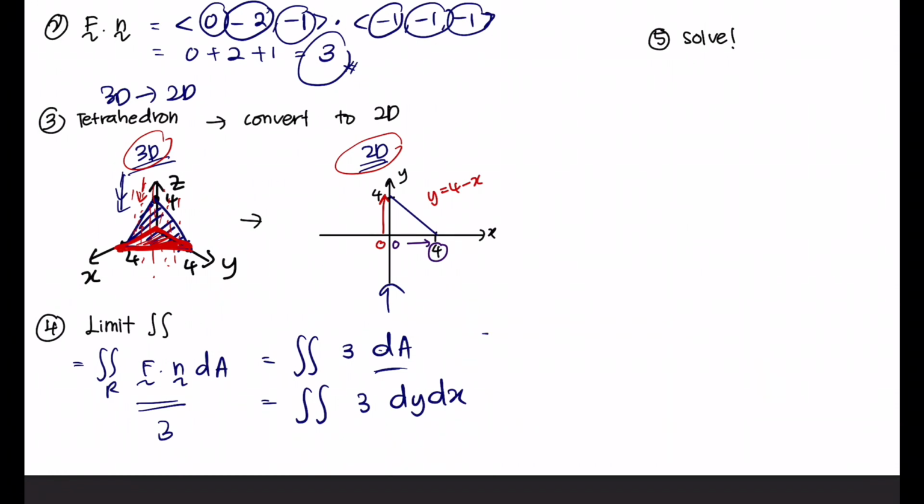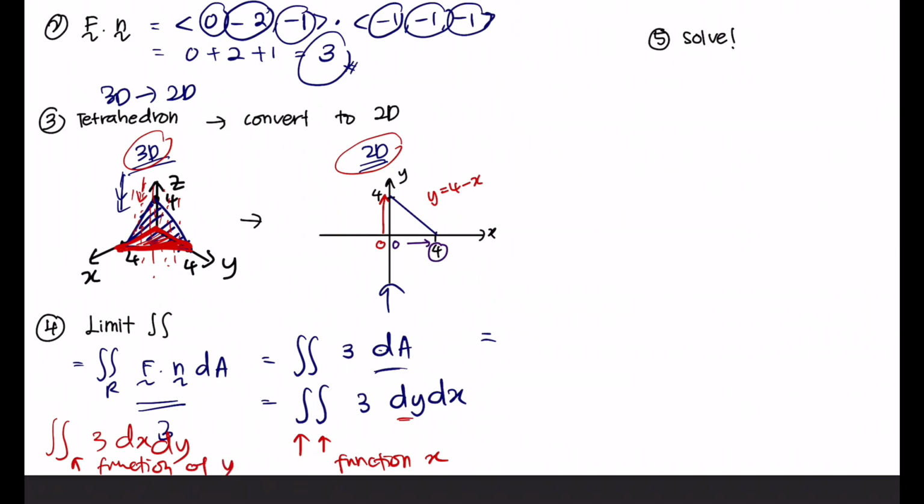How do we determine the limits? First, look at the limit for y. This is the limit for y, and this is the limit for x. To determine the limit for y, put the limit in the form of a function of x. If you consider the integration of 3 dx dy, then this limit you must put as a function of y.